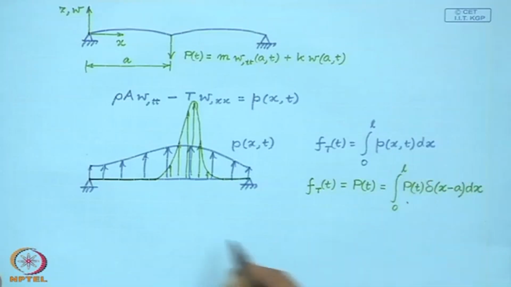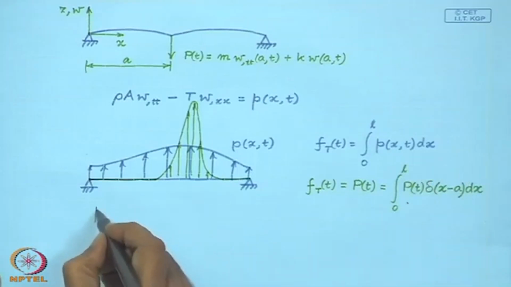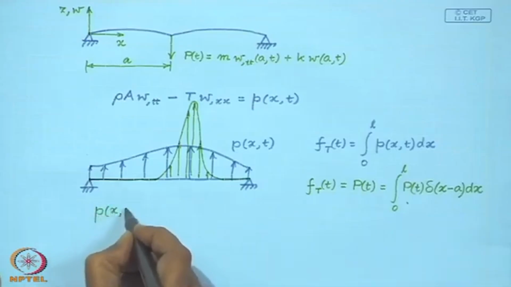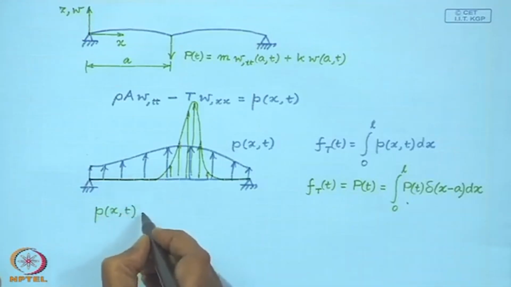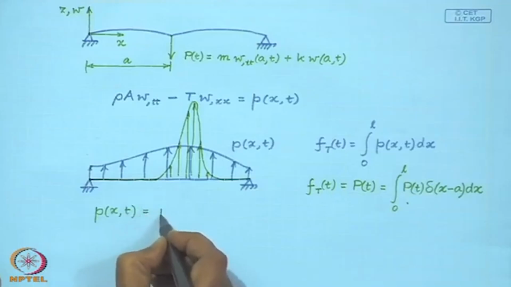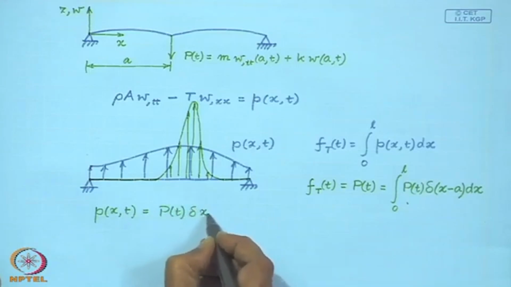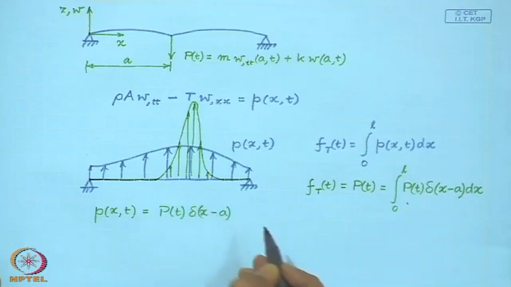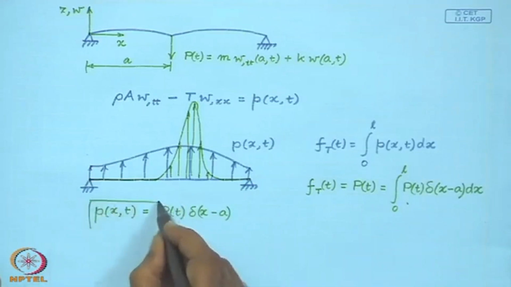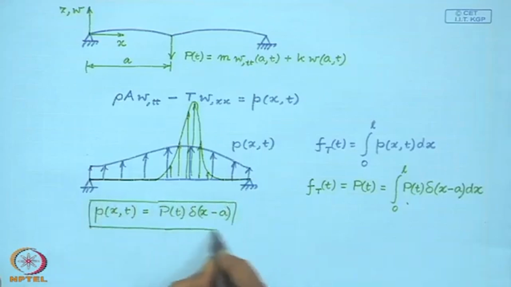So, this is our distribution. Where I have introduced this, this is now a distribution delta x minus a, which is known as the Dirac delta distribution.